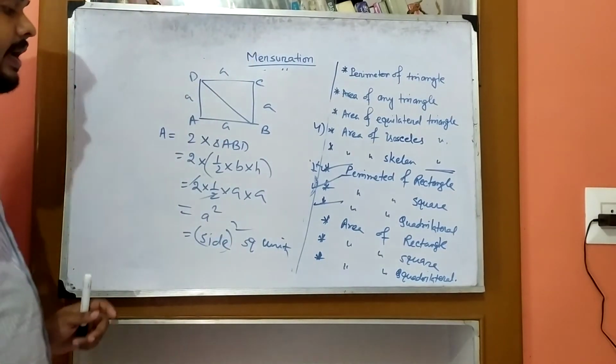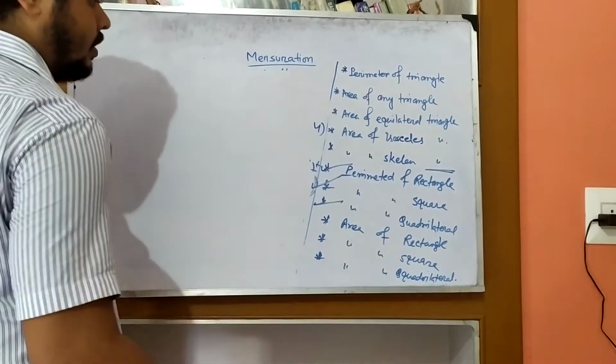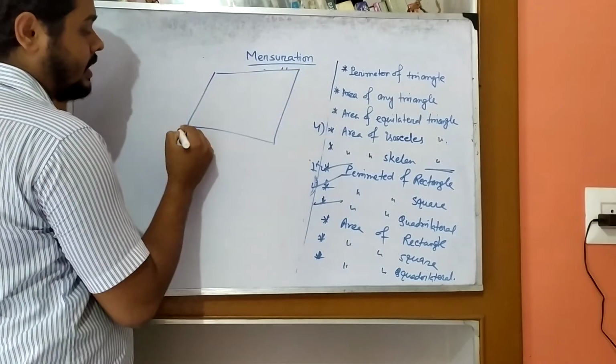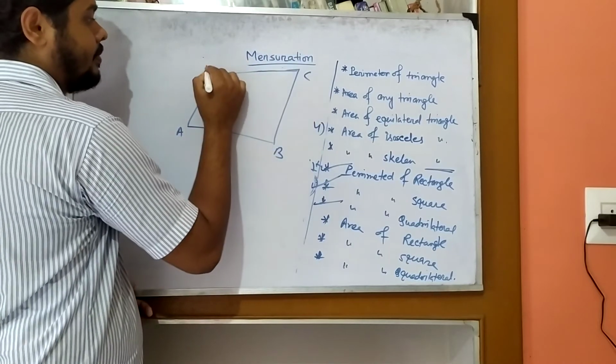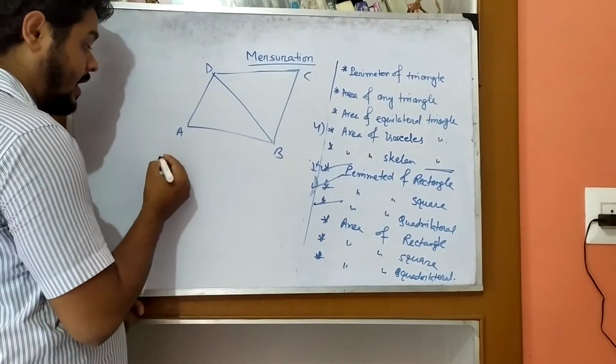Clear? Now I am coming to the area of any quadrilateral. Suppose this is any quadrilateral. This is not a regular shape. So we can join any diagonal.